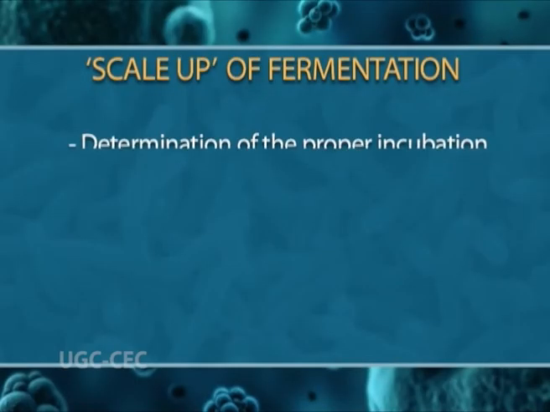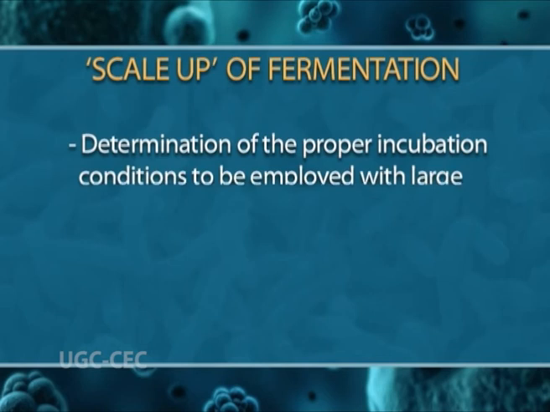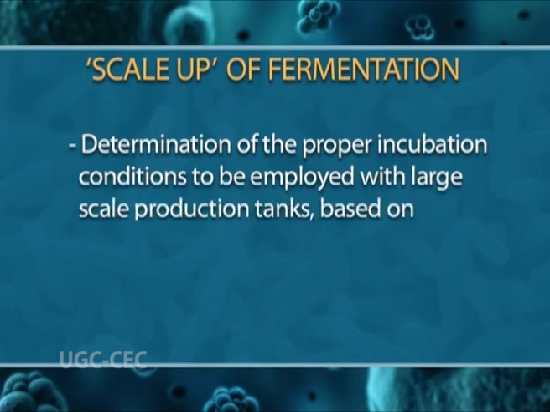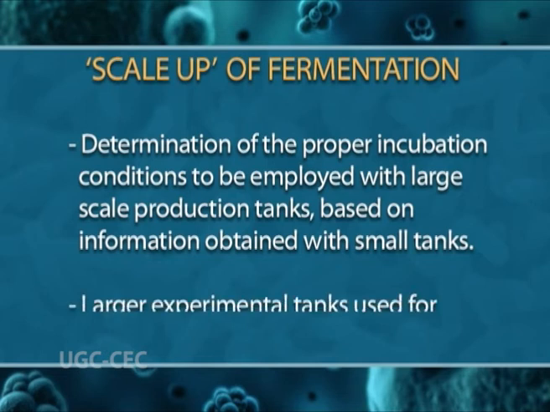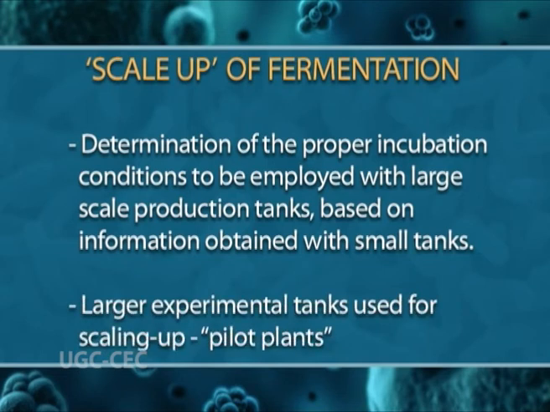Therefore, the process of scale up is undertaken. Scale up is the determination of the proper incubation conditions to be employed with the large scale production tanks based on information obtained with small tanks. Larger experimental tanks used for scaling up are called pilot plants.